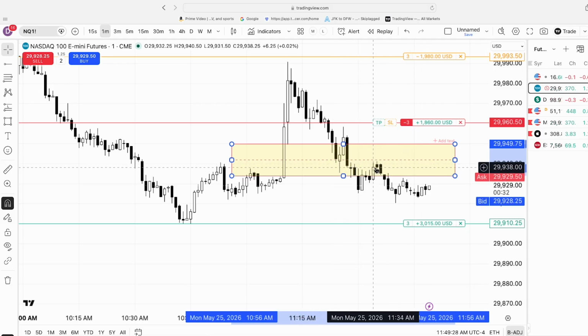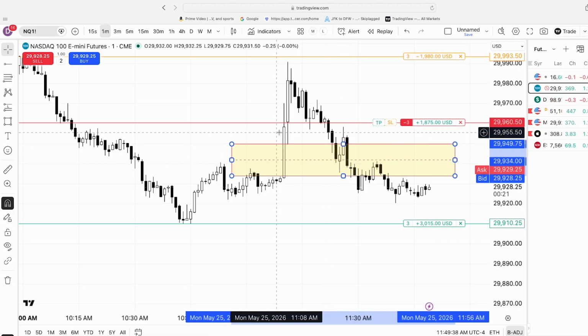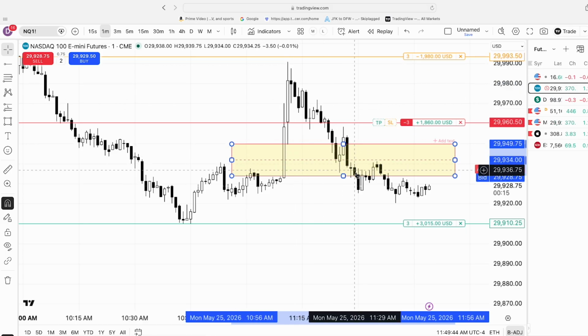So while it might have brushed up a little bit here, this spot is still open in the fair value gap. But because this candle was going up at the time, it left it open. So now when it goes down, we're like, okay, maybe it'll do something else in there, which it did. It created another little fair value gap where nothing was in here from this candle and that candle.